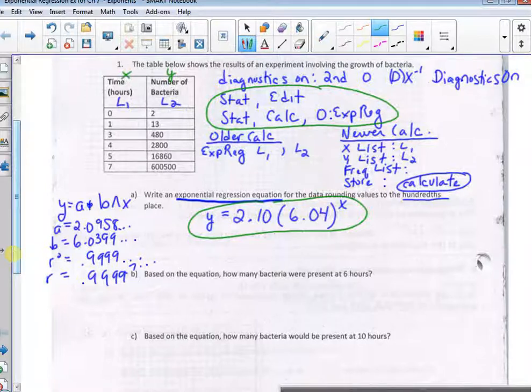So how many bacteria were present after 6 hours means they're giving you x is 6 and they want to know what the y is, how many bacteria. So if they're giving you the x and they say based on the equation, then you just substitute it into the equation. So it would be y equals 2.10 times 6.04 to the 6th. And then you use your calculator to calculate that.